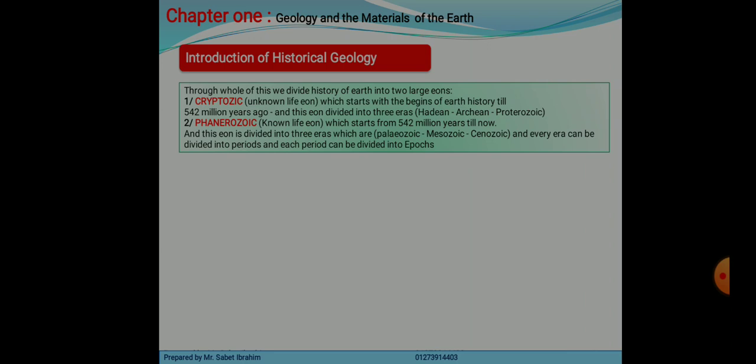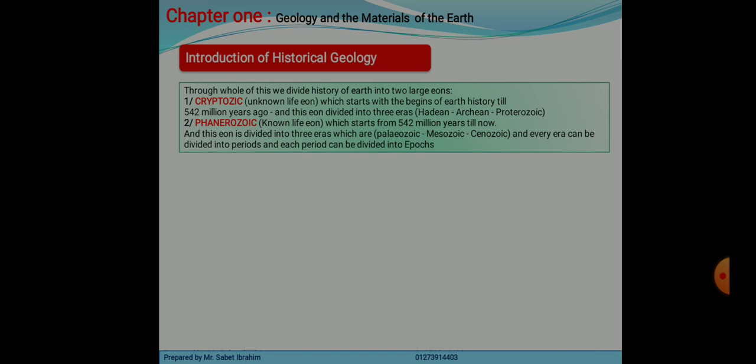Through the whole history of Earth, we can classify two large eons: number one, Cryptozoic, number two, Phanerozoic. Cryptozoic is the unknown life eon, which starts with the beginning of Earth's history till 542 million years ago.